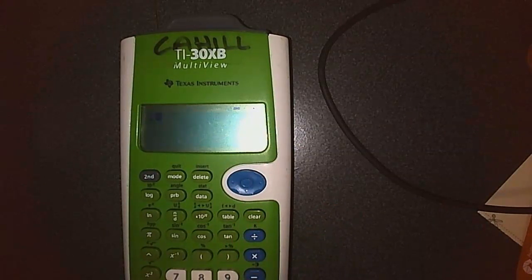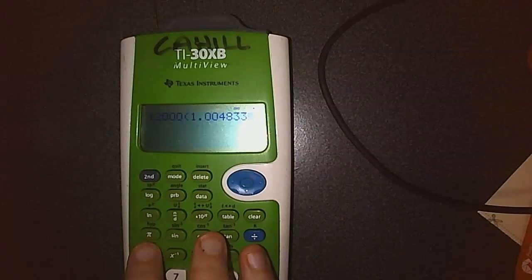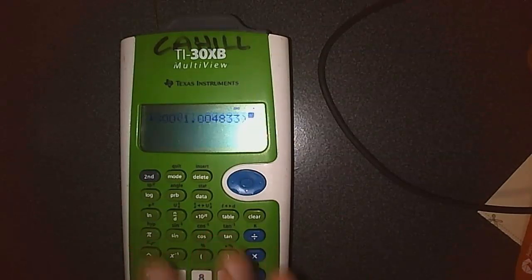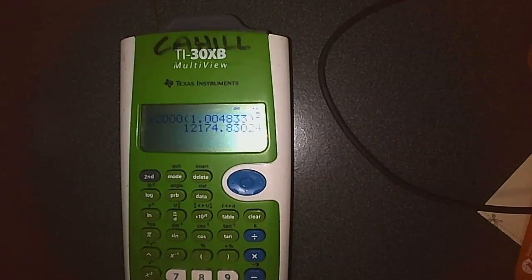So 12,000 times 1.004833 to the power of 3 equals $12,174.83.